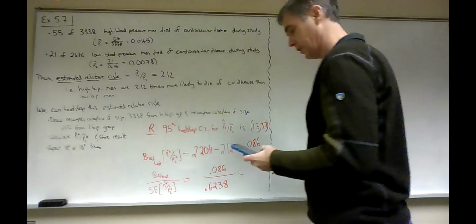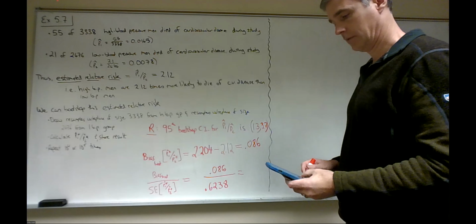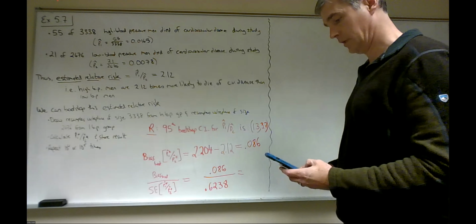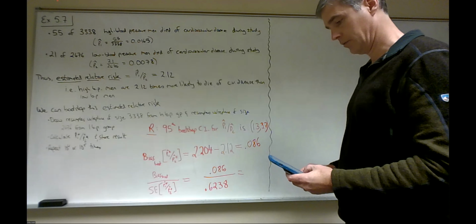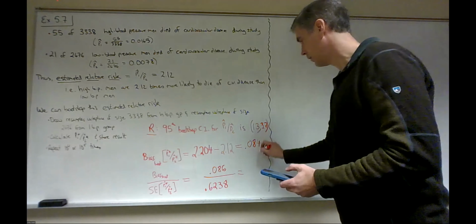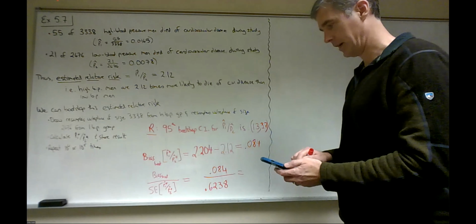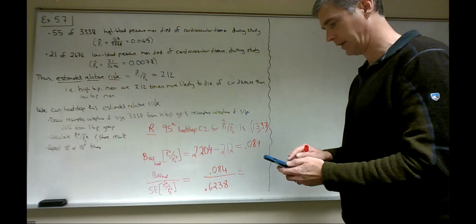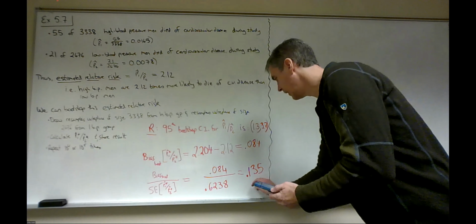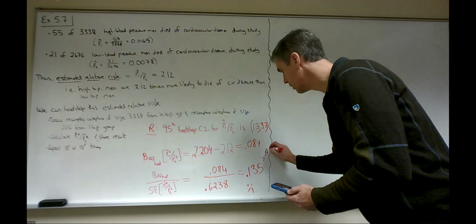So let's see, 2.204 minus 2.12 equals 0.084. 0.084 divided by 0.6238 gives me 0.135. And that makes me unhappy because that is greater than 0.02.